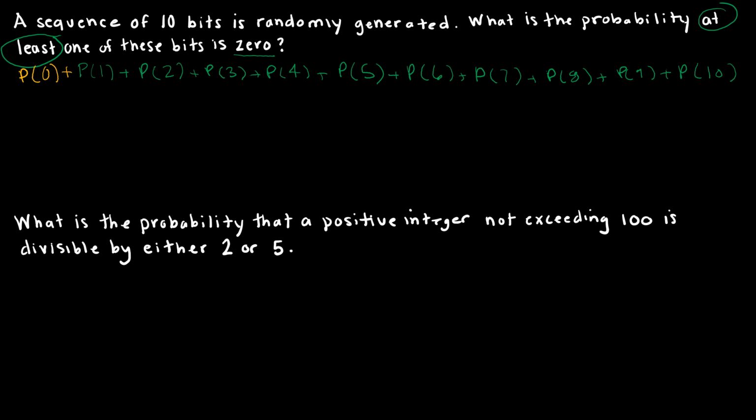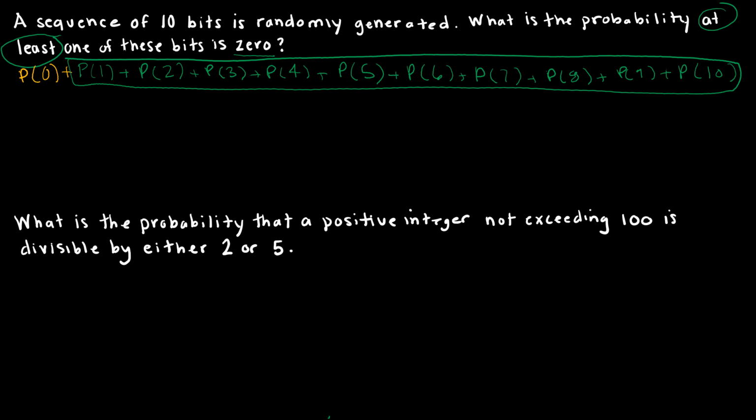And so instead of doing all of this work to calculate all of this, I know that the sum of the sample space is 1, so I'm going to find the probability of at least 1 zero is 1 minus the probability that I have no zeros.